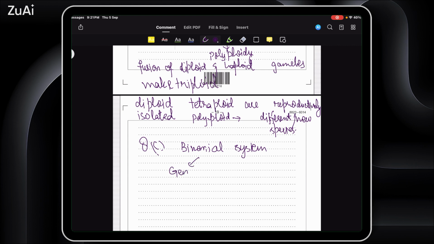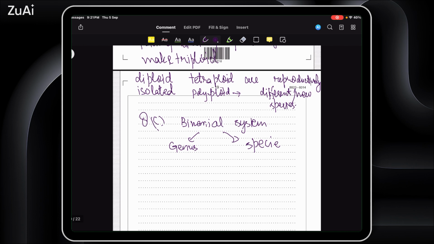The first one is genus, the second name is species. So internationally agreed system, that is an agreed system, and genus indicates the most closely related species.